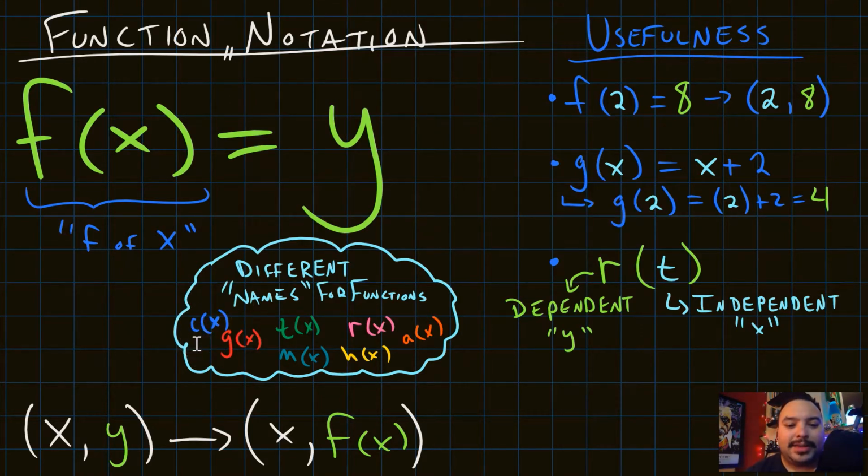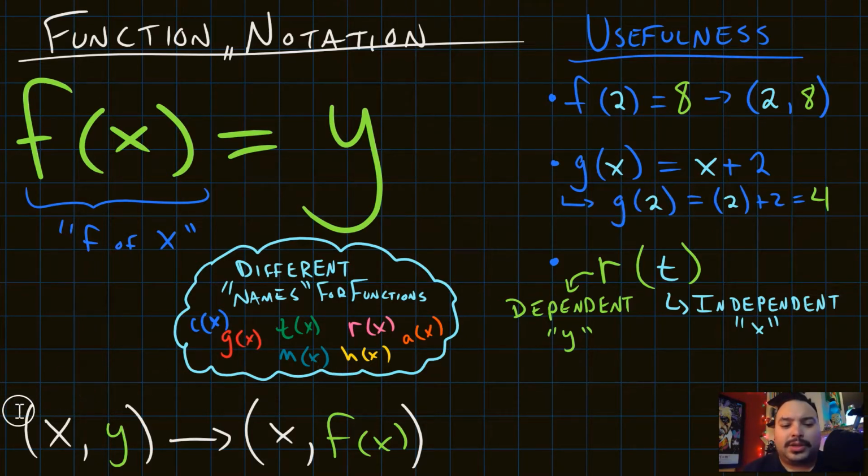If we are thinking about a time function, you might call it t of x. If we are looking at a height function, you could call it h of x. It gives you a little bit of a hint as far as what the equation is actually talking about, what situation it represents. And it can help you from getting confused when you're looking at a bunch of different equations at once and help you reference them a little bit faster.